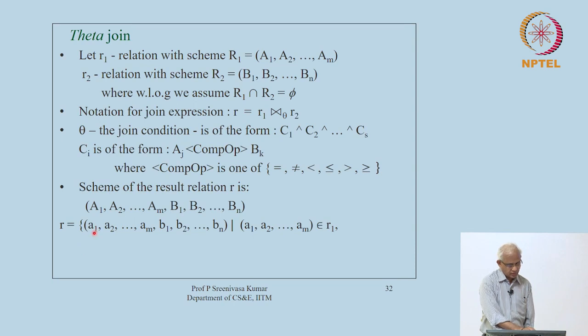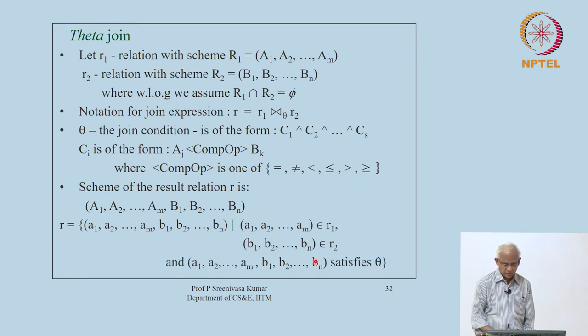The tuples a1 a2 through am b1 through bn, little letters are used here to indicate the values, such that the A1 through Am part of the tuple belongs to R1, the B1 through Bn part belongs to R2, and together they satisfy the join condition.